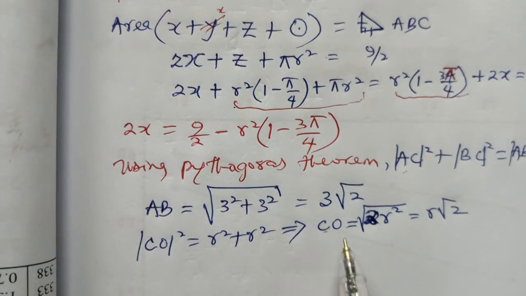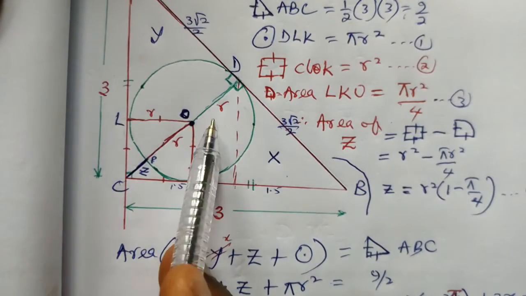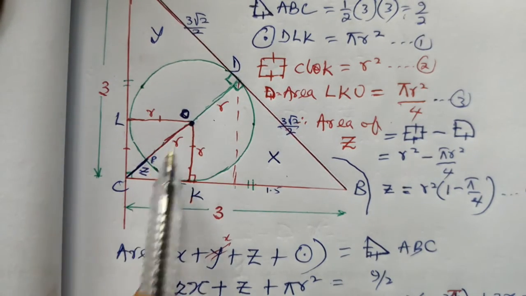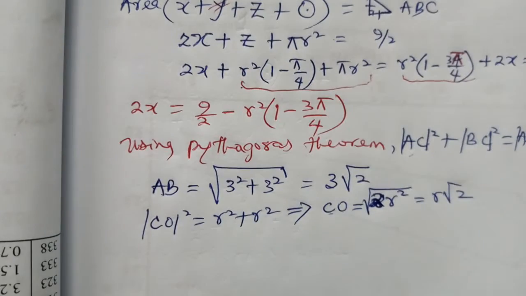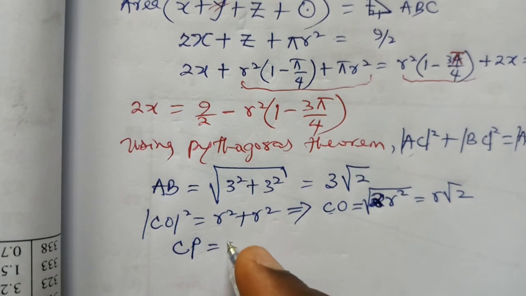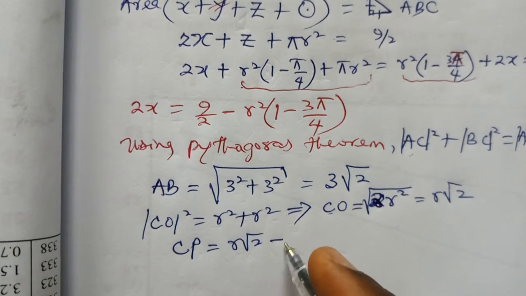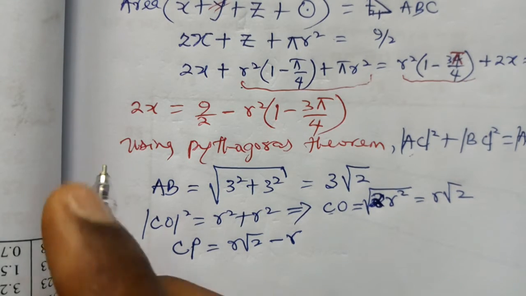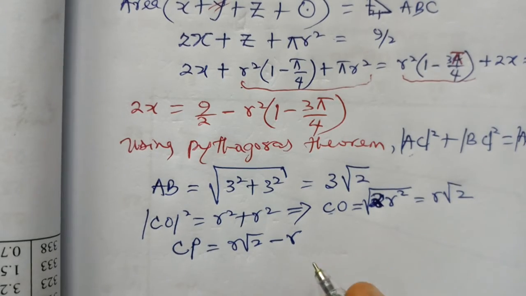But this CO is equal to CP plus PO. PO is R. So CP, that is what we are looking for. CP is equal to r root 2 minus R. That's what will give us the CP, the length of the part that we don't know.